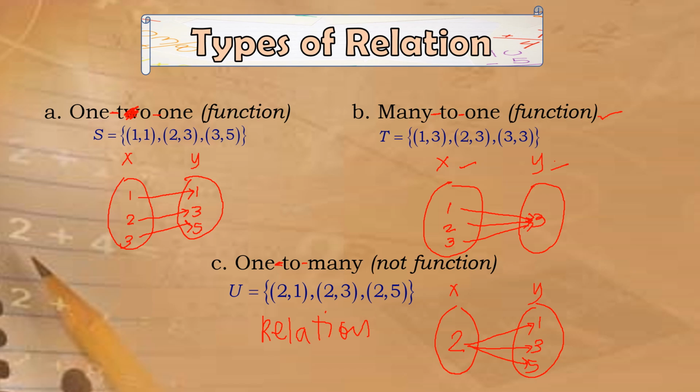Parang masama ang feedback pagdating sa babae. Pero pag sa lalaki, we can suggest, ay, nature nila yan. So something like that. Okay? I hope you understand it deeper of what I have given you for this example of these types of relations.